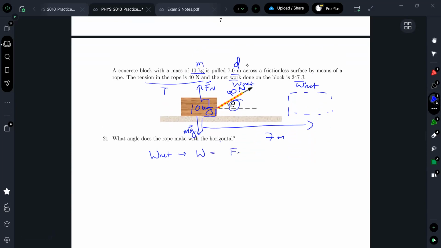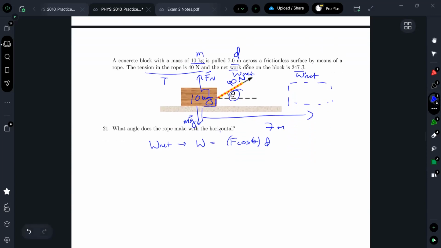Use it for that F cosine theta d thing here. And if I do that, I will get that theta is work divided by force and distance, and we take the inverse cosine.